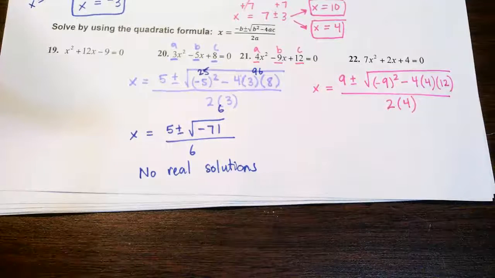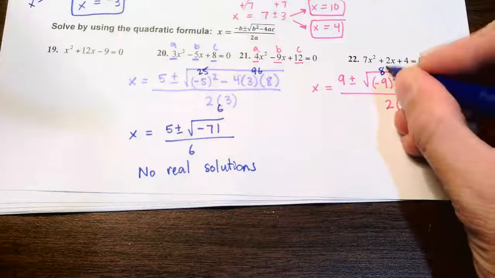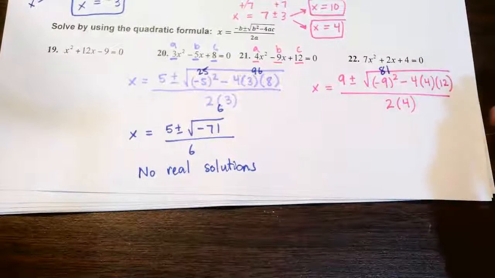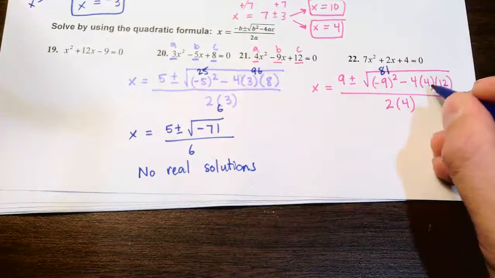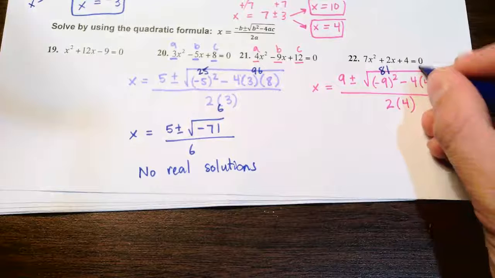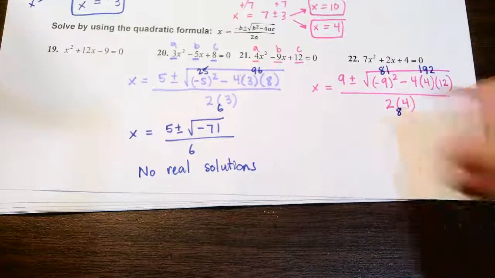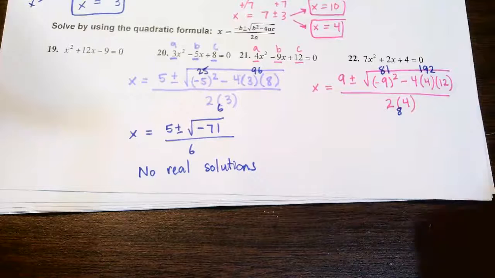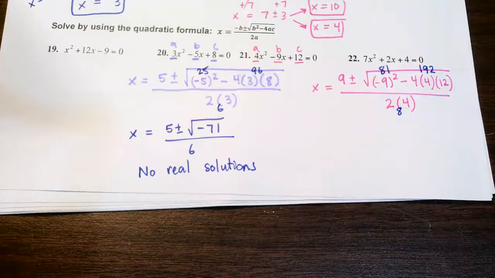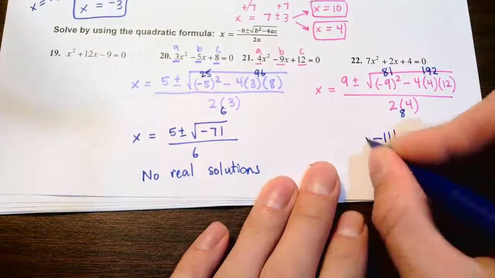All right, so again, I'm going to do a little simplifying on the side. And as I look at it, actually, I don't think this is going to be a real answer, but it's okay. And 4 times 4 is 16 times 12, 192. Okay, and 2 times 4 is 8. And I'm just kind of doing this so I don't have to rewrite it a bunch. All right, 81 minus 192 is negative 111.